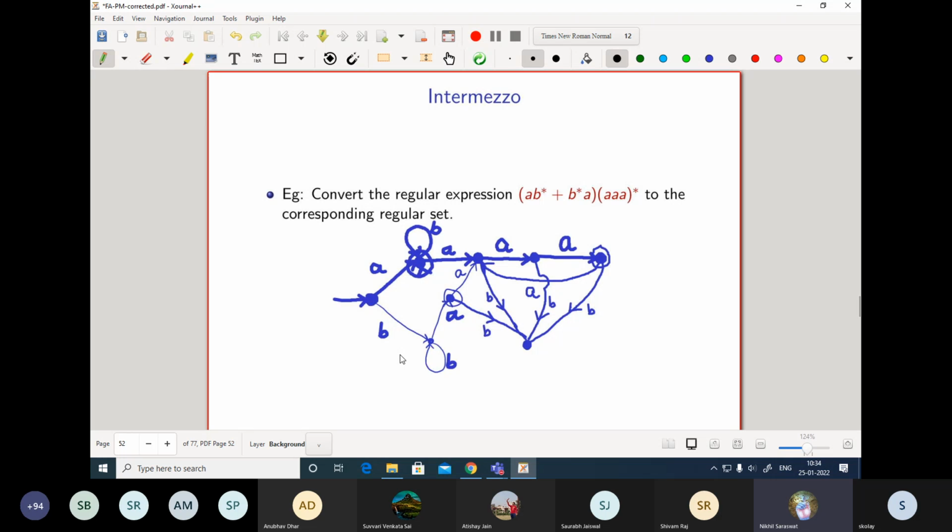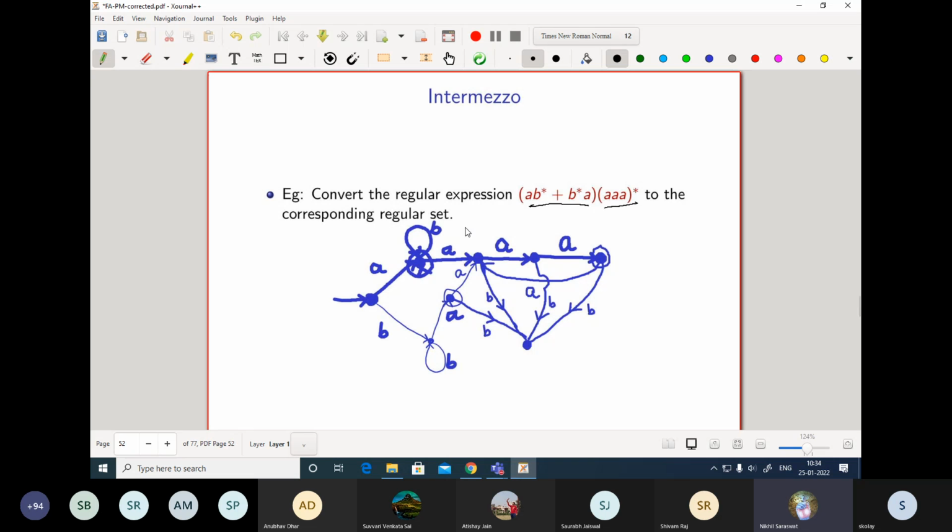Okay. So before we go into showing that if A is a regular set, then I can construct a pattern or a regular expression such that A matches the regular expression, let's look at an example where a regular expression, let's say A B star plus B star A star, corresponds to a regular set.